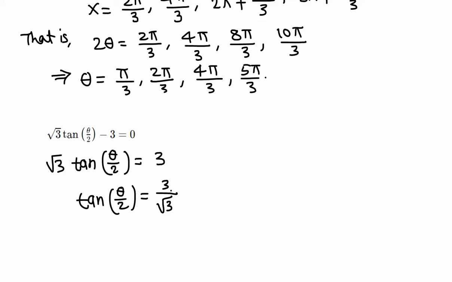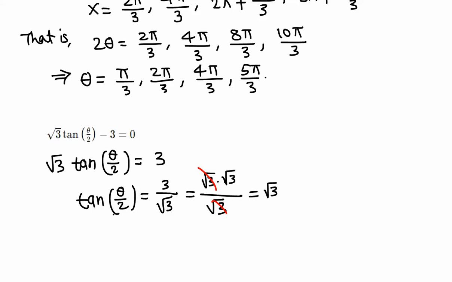We can in fact simplify this number. 3 is the same as root 3 times root 3, so when I write it this way I can cancel root 3 from the top and the bottom. Then that's root 3. So we get tangent theta over 2 equals root 3.